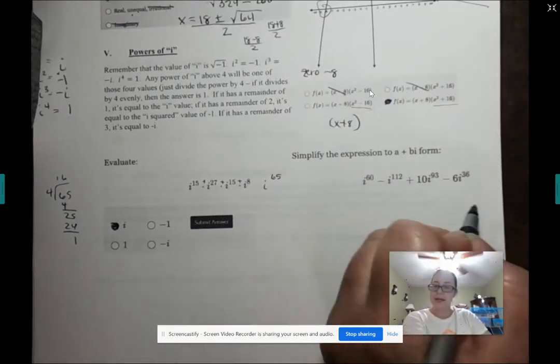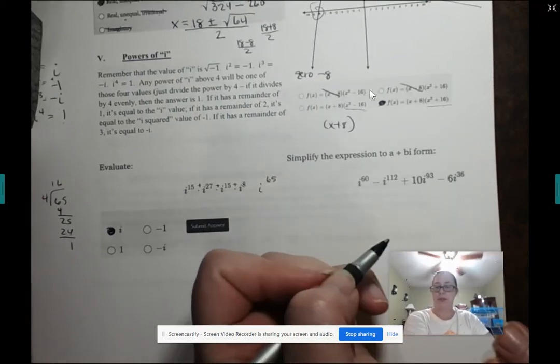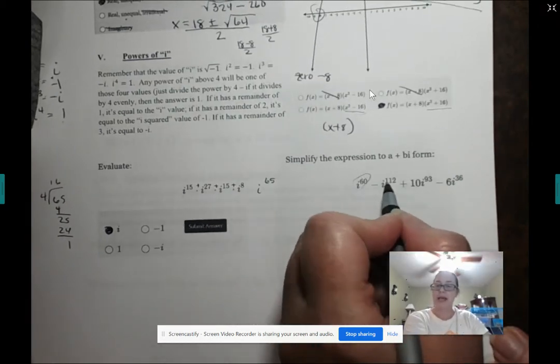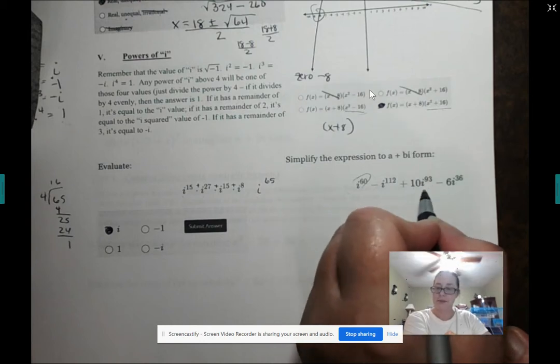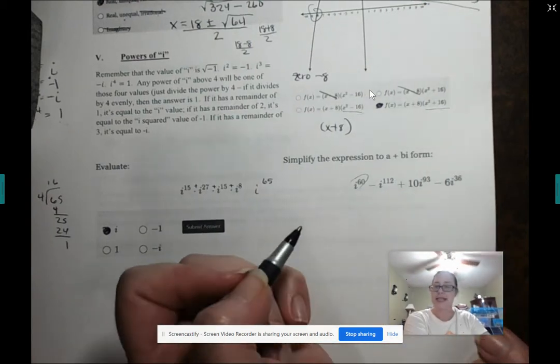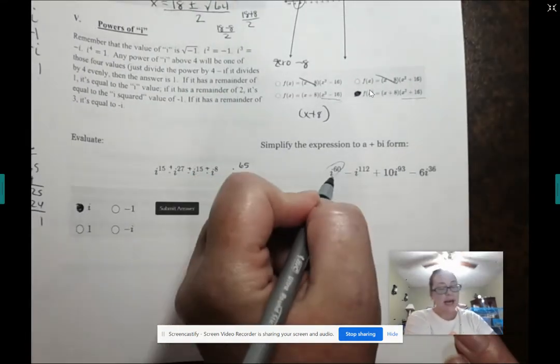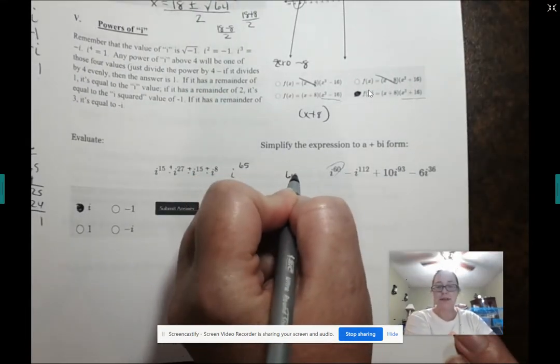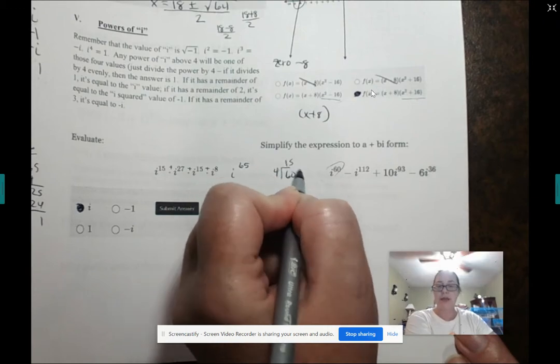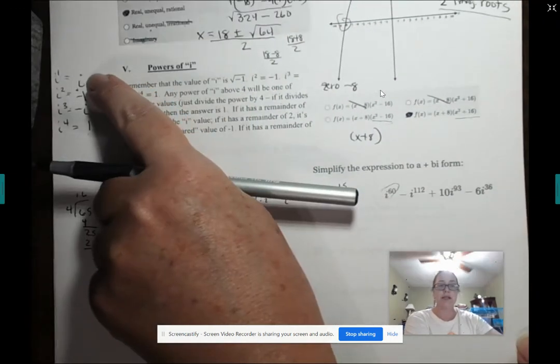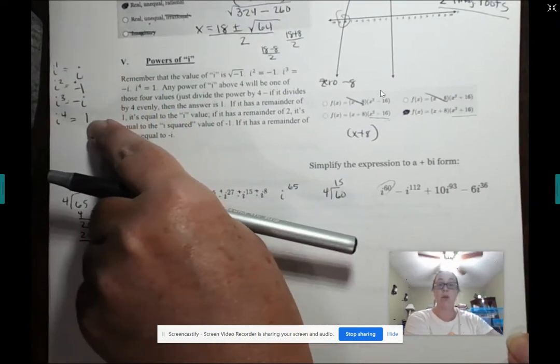Now, if you have a more complicated problem like this, this is not a multiplication problem. So I'm going to have to simplify this, simplify this, simplify this, and simplify this, and see if I can simplify those answers. So i to the 60th. 60 does divide perfectly by 4. So that means I get to use 1.